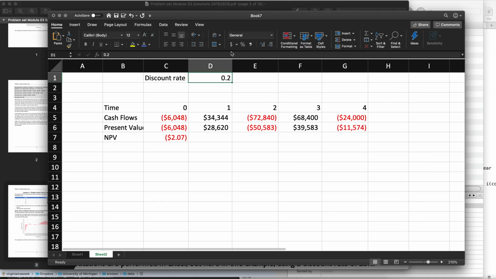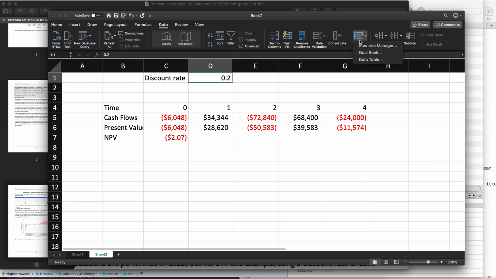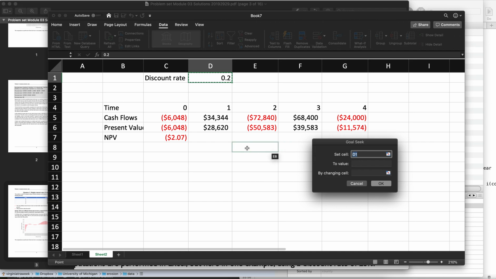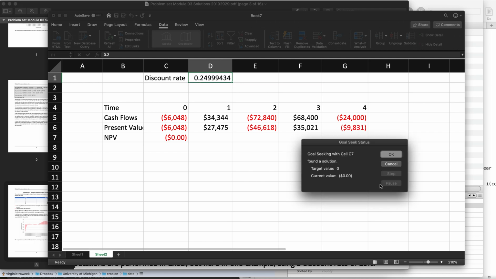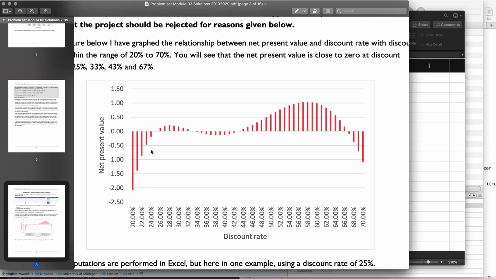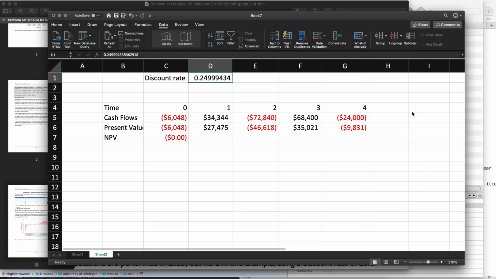So if you use GoalSeek, data, GoalSeek. To get the IRR, we need to set that cell to value 0 by changing this cell. Hit OK. It gives us 24.99%. So on this chart, it's about right here. That's our first IRR. And then we're going to have another one that's about 32%.